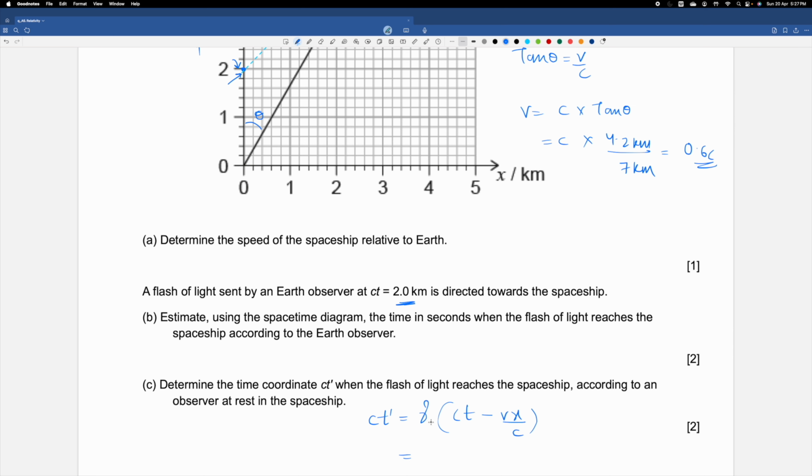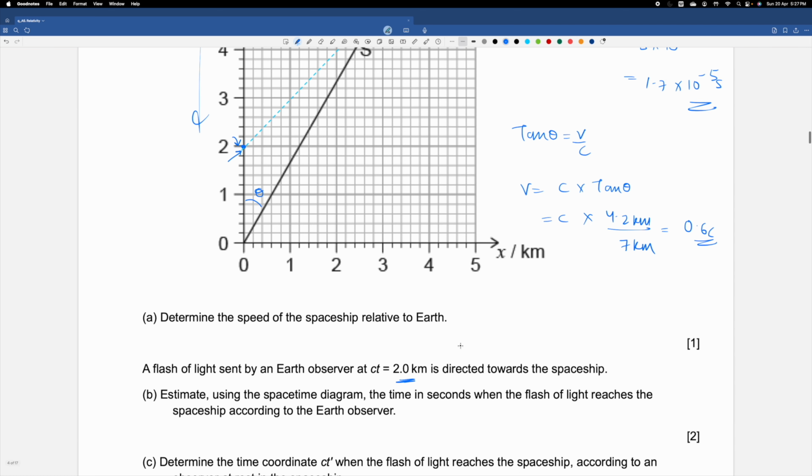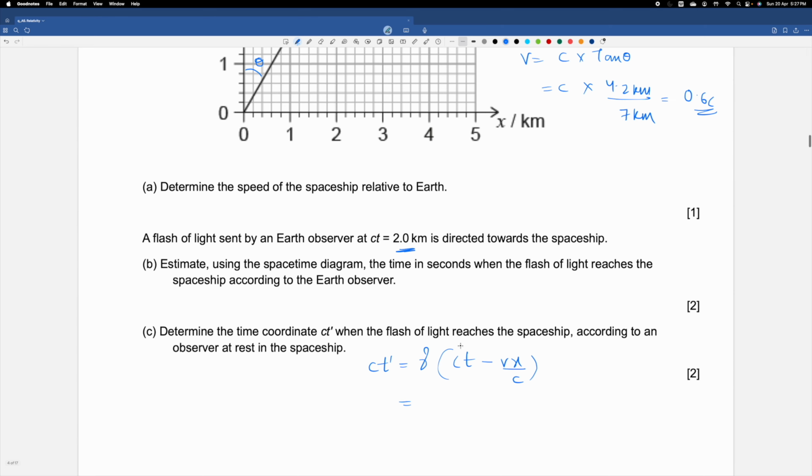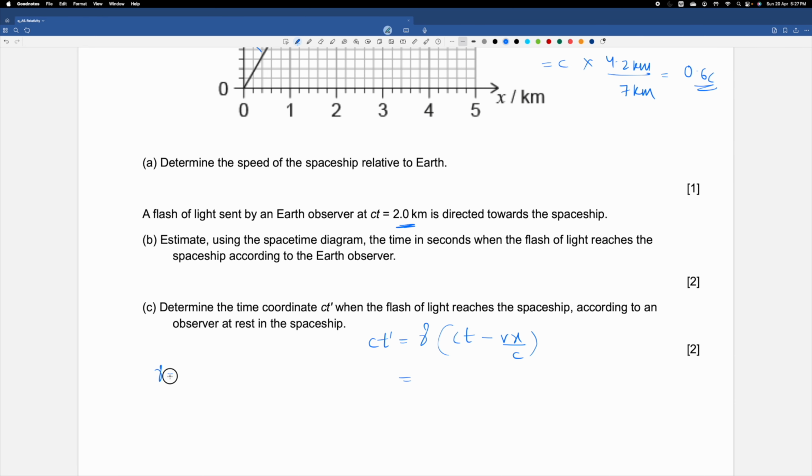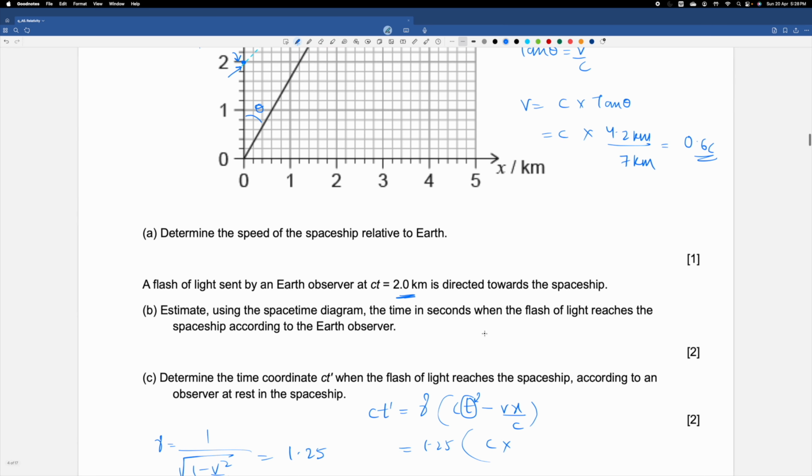We have not calculated gamma yet, so we have to calculate it separately, which is going to be 1 divided by the square root of 1 minus v squared over c squared. So let me use the calculator. Yeah, so that gives you 1.25.